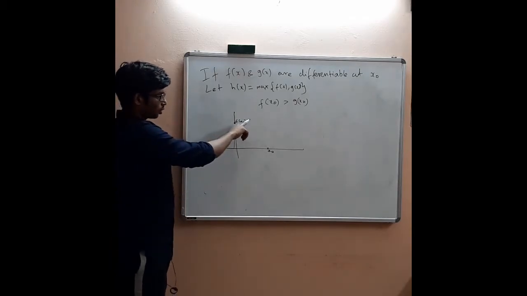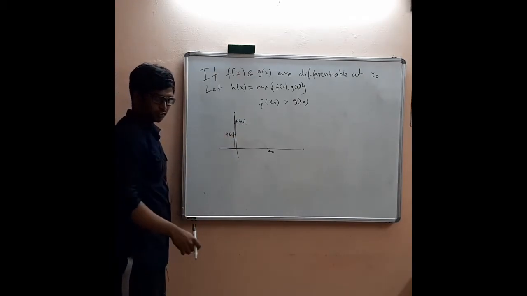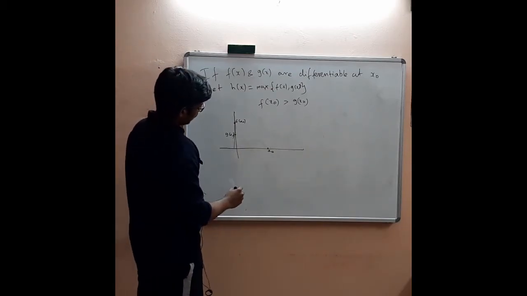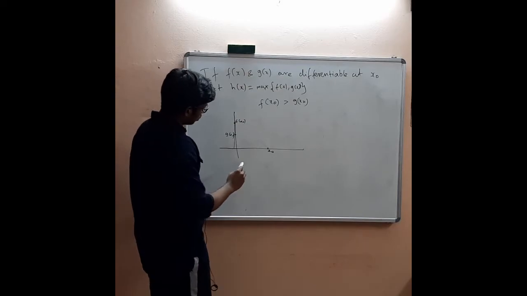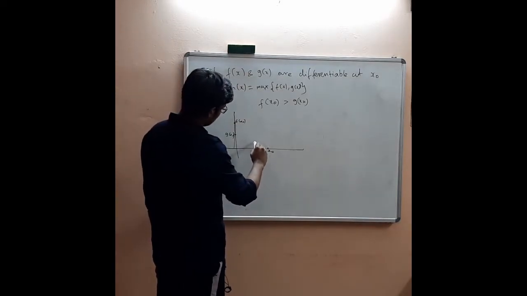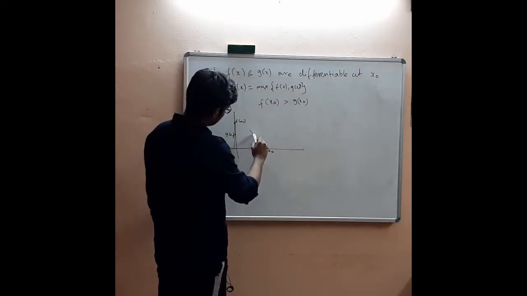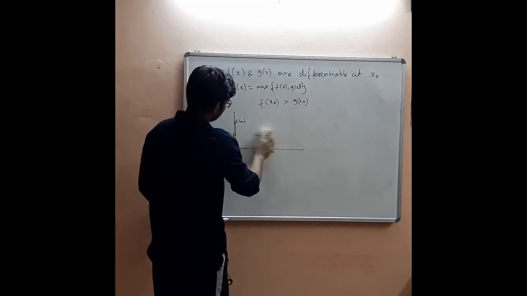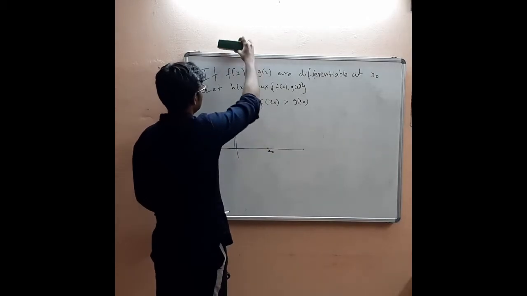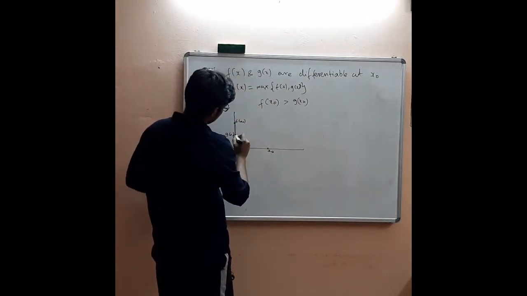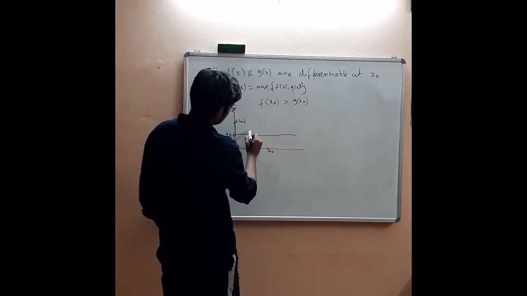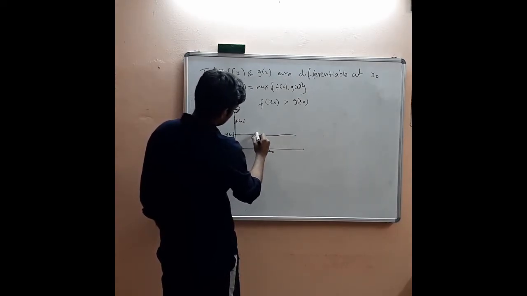It's actually 0 comma f of x0, and this is 0 comma g of x0. I'm just writing for clarity. The function might look something like this, so g can be something like this.